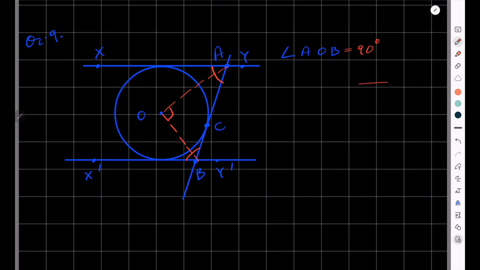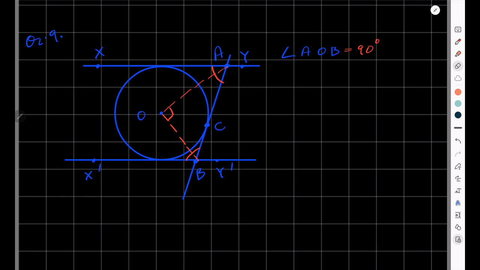If there are two parallel lines which are cut by a third line, then these two angles put together are 180 degree, and these two angles are same. So we can very well prove it. That is not a question, but this is what it is. So we will utilize that fact.